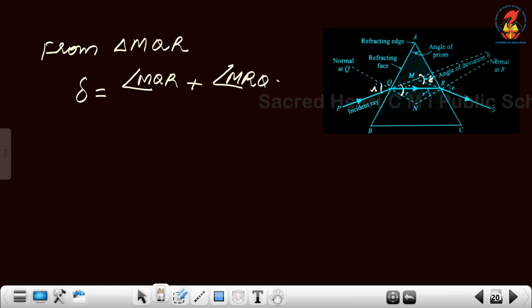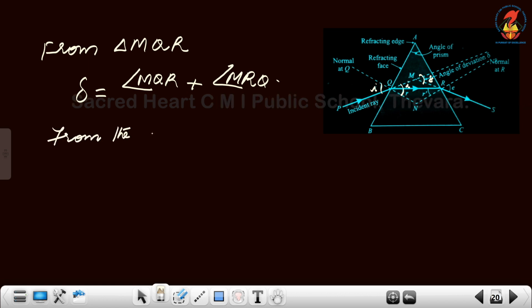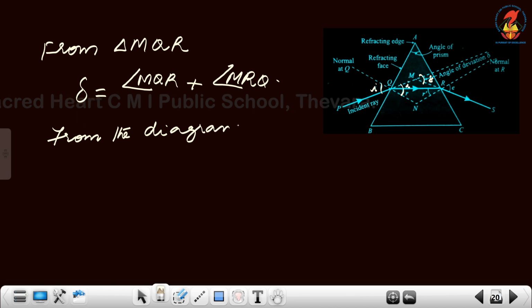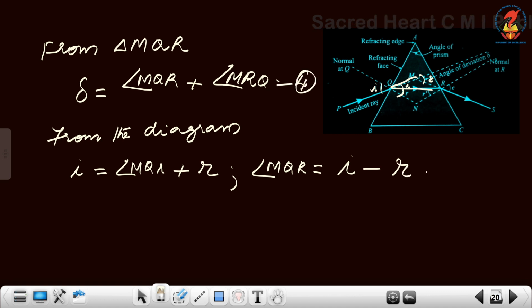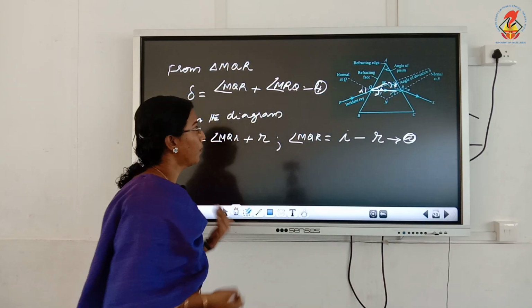So from the diagram, angle i is equal to angle MQR plus angle r. Or we can write angle MQR is equal to i minus r. This will be equation 4. Equation, small letter, any number you can put for the equation. Okay, it's up to you.